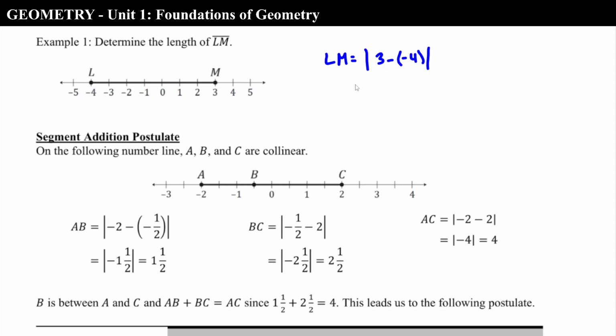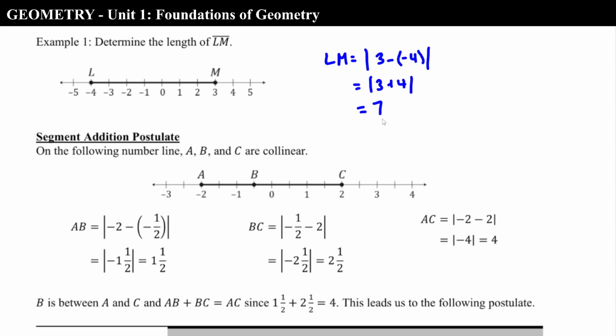Well, that gives us the absolute value of 3 plus 4, which is the absolute value of 7, which is just 7.